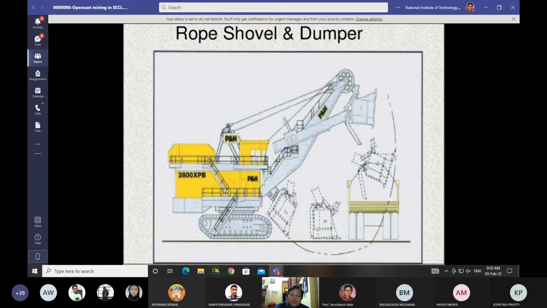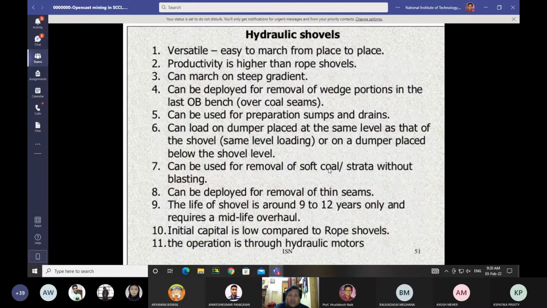It digs the material front to back, like that. Rope shovels are electrically operated shovels, hydraulic shovels are diesel operated shovels.